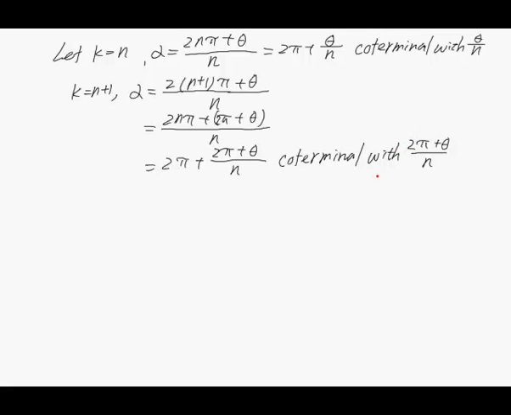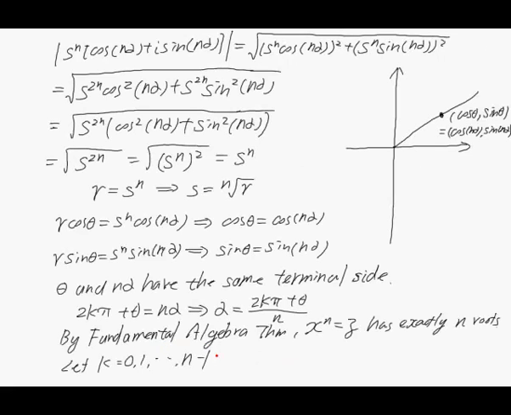So that means from these two examples, you can see if you let k equal to integers other than 0 through n minus 1, you just get all those roots you already got from these n integers. And by the fundamental theorem of algebra, we know we have exactly n roots, and these n integers just give us all those n roots.